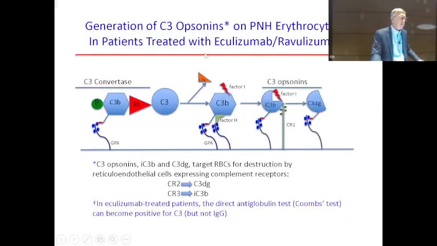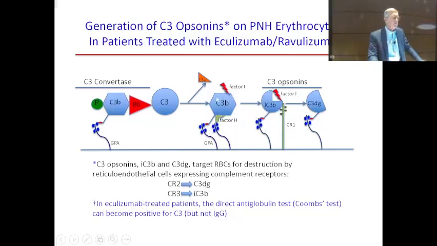So I'm going to illustrate here the C3 opsonins that result from activation of the C3 convertase. This results in deposition of C3 onto the red cell surface, and it's actually covalently attached to glycophorin, primarily glycophorin A, on the red cell surface.